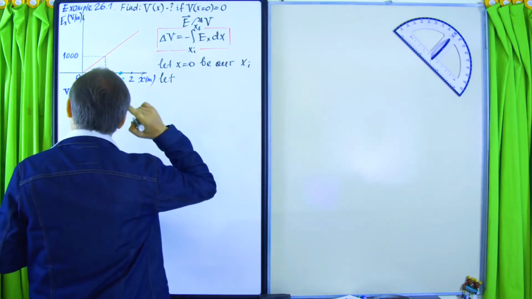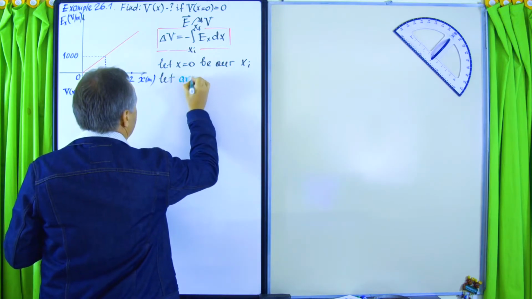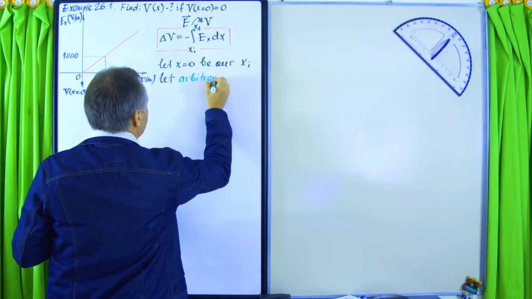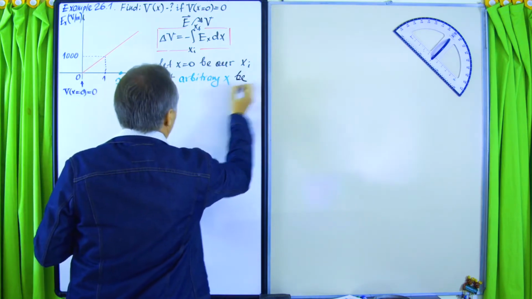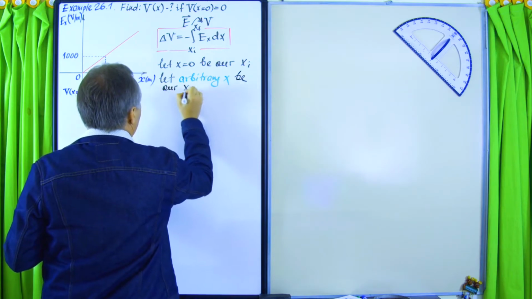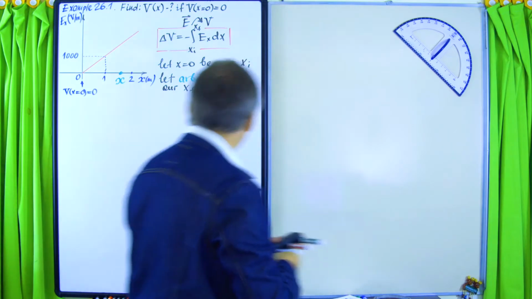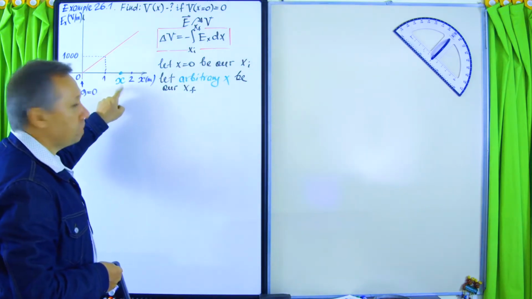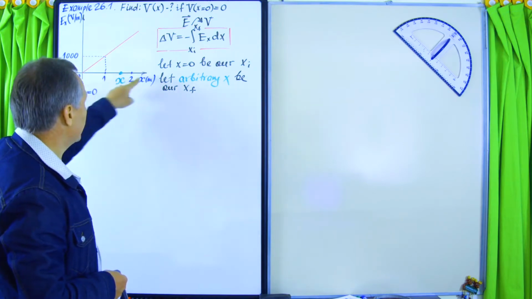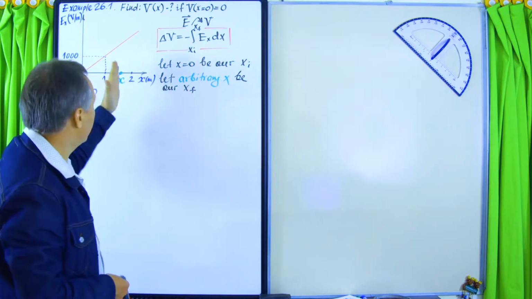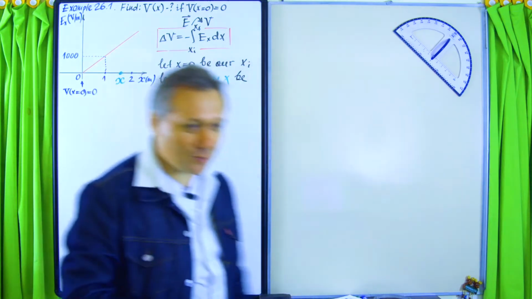Let me write something like: let arbitrary x be our x final. So that's the correct one. We just need to pick a completely arbitrary x. You could have drawn it and positioned this x, for example, here or there. It's pretty much an x which can be anywhere. Okay, so that's what we need to pick.